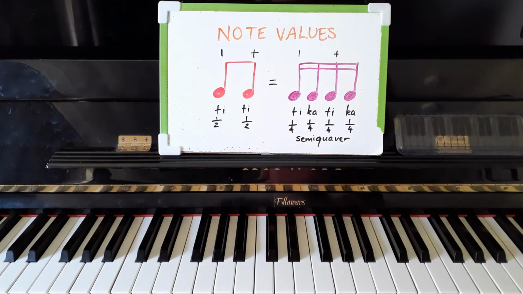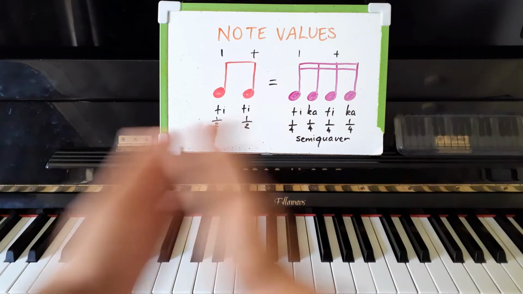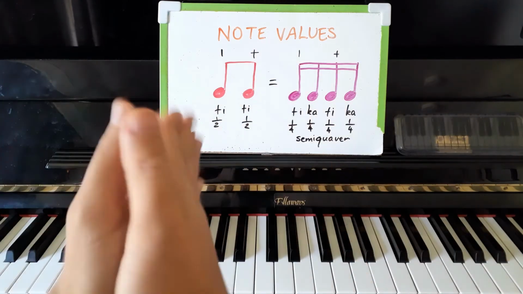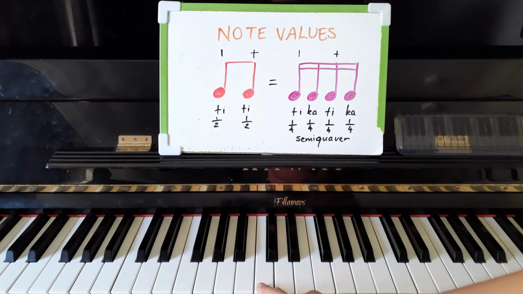They are each quarter beats in length. So where we have ti, ti, we have tika tika.